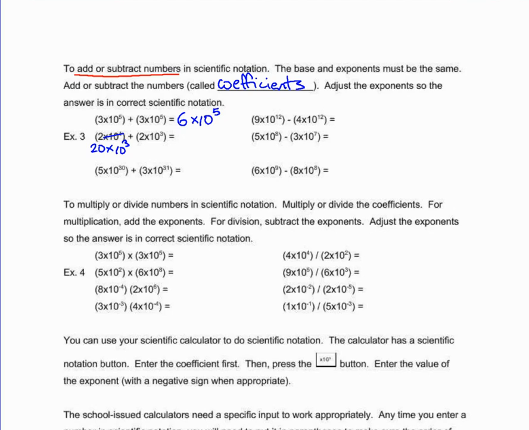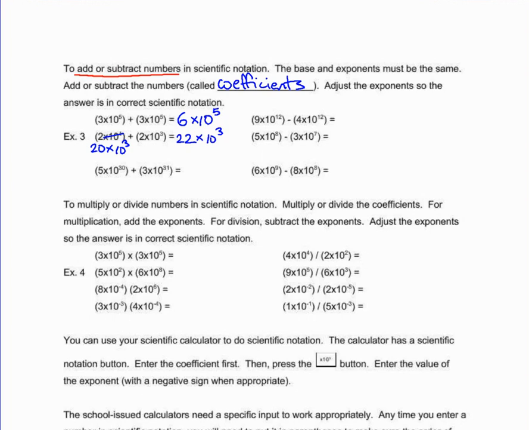So now I have 20 times 10 to the 3rd plus 2 times 10 to the 3rd. And so my answer here, or at least the next step, is 22 added together, and it's times 10 to the 3rd.